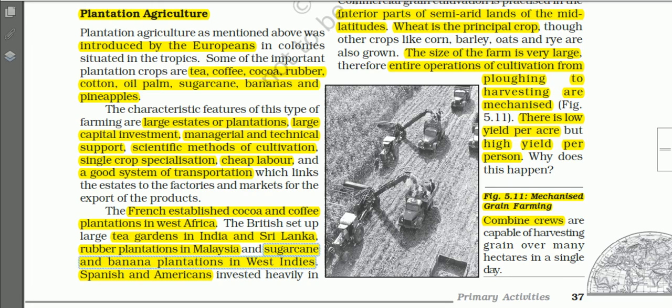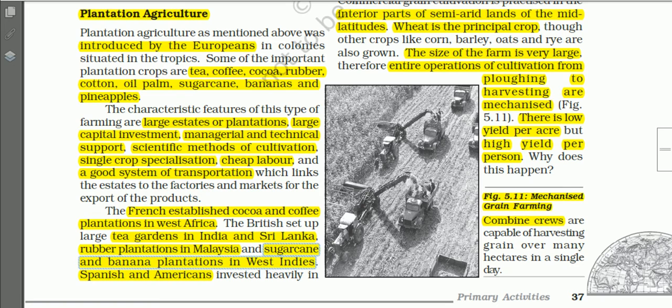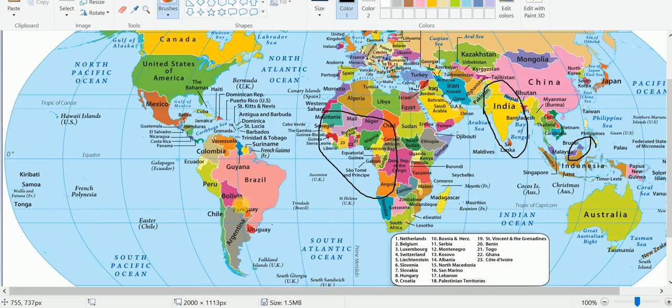Then rubber plantation in Malaysia. Malaysia is here, a small country. Then sugarcane and banana plantation in West Indies. West Indies is here, a group of islands, this region.